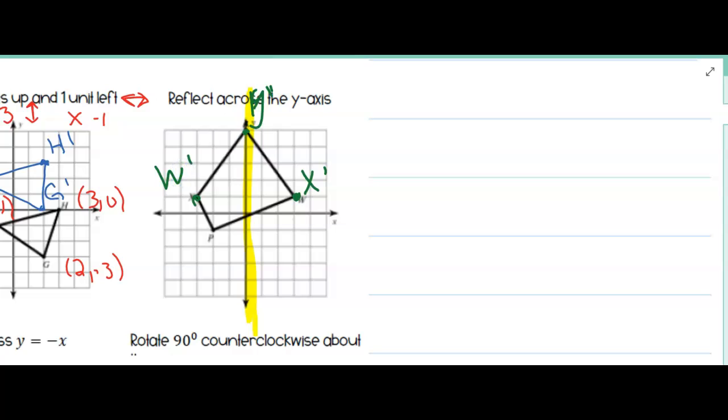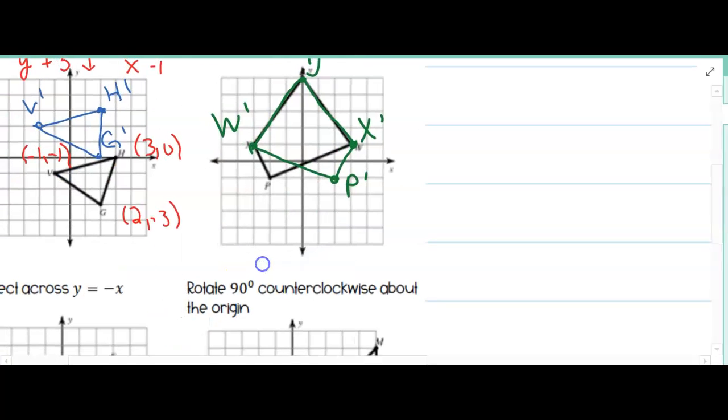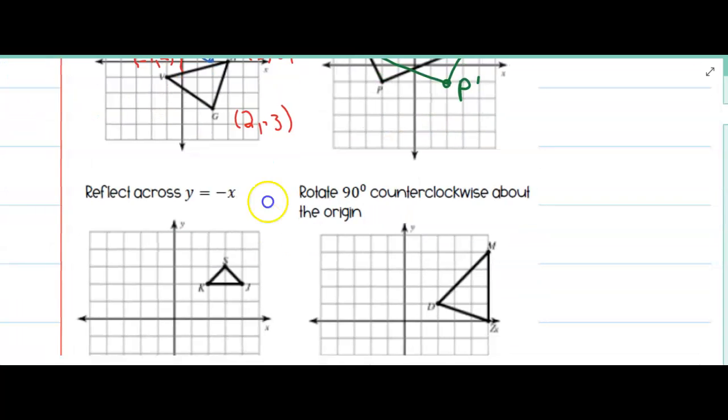And then if I look at P, P is 2 units, so if I go 2 more units, P prime would be right there. And then once you have your 4 points, you could connect them, and I know it looks a little bit funnier than the last reflection that we did, but that would be that figure reflected across the y-axis.